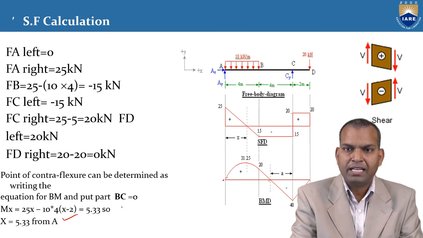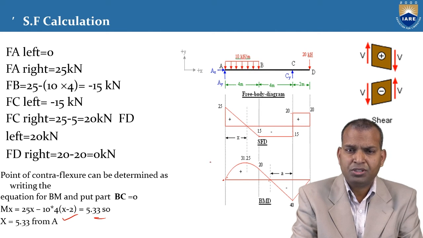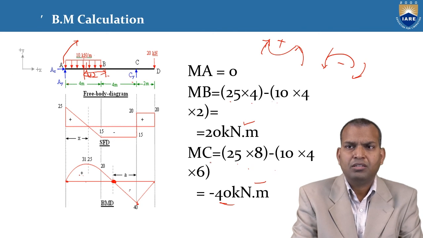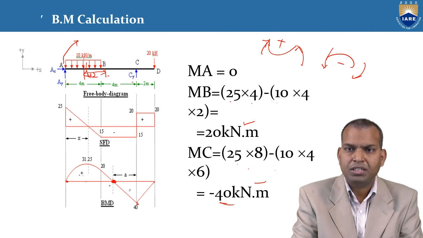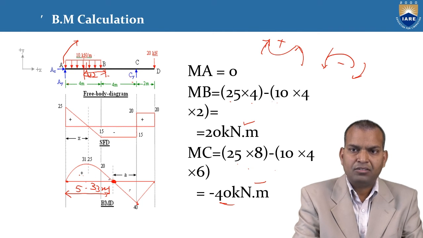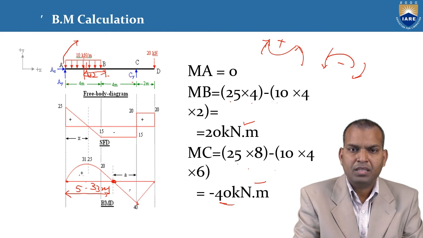Then we can find the X value, which is 5.33 meters from A. So from support A, at a distance of 5.33 meters, the bending moment is 0. That point is the point of contraflexure. Thus we can calculate the point of contraflexure for an overhanging beam.